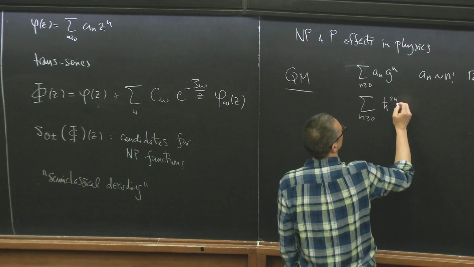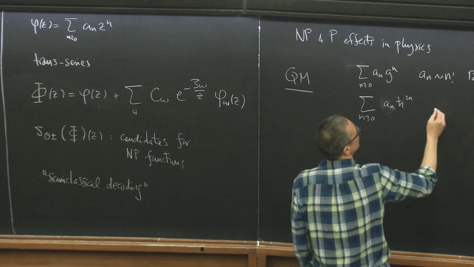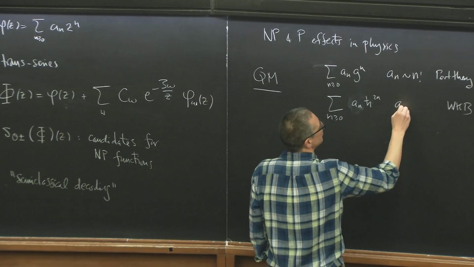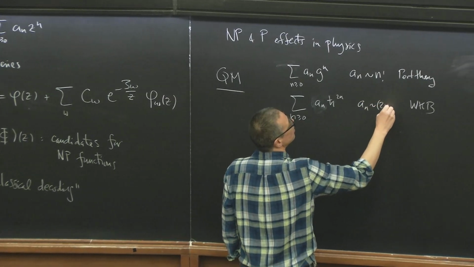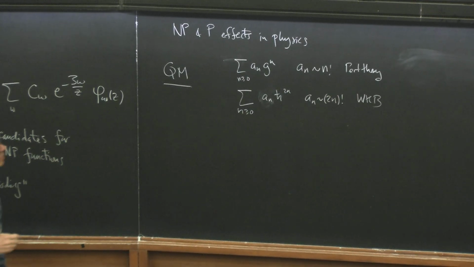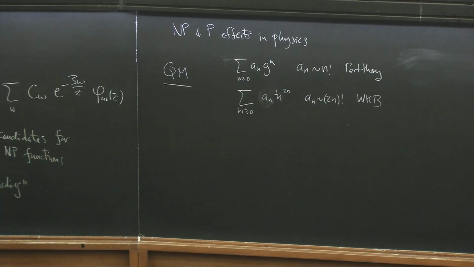And this is, let me write it like this, a_n ħ^{2n}. This is WKB expansions. And it's interesting that this already has a double factorial growth, which you will later find in string theory. But this actually already happens in WKB, okay?